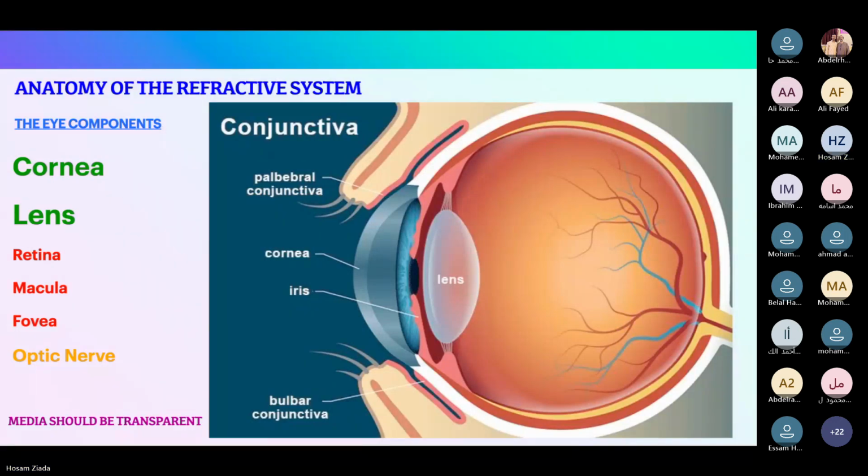Look here at this diagram, you'll find the lens. You will find that the surface of the cornea is not the same at the peripheral part. Also, the surfaces of the lens, especially the posterior surface, are not like the central part. So the refractive powers will be different in the periphery than the center.